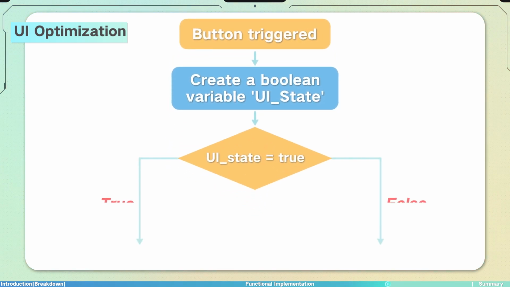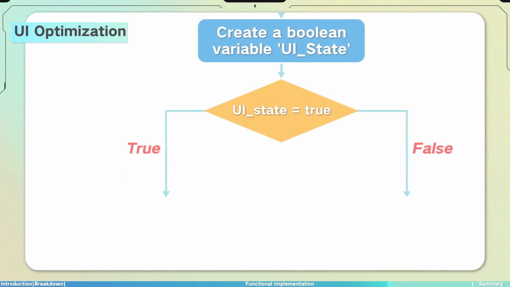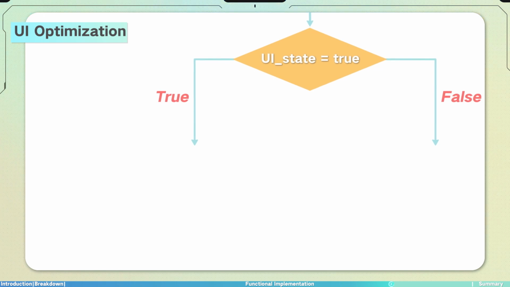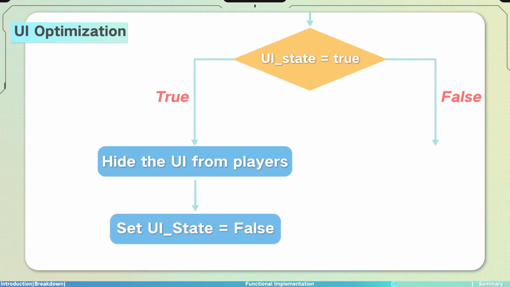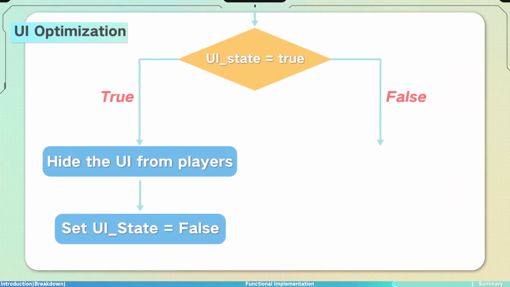Use if statements to determine the status of the quest reminder UI. If UI state equals true, it means the UI is visible. We hide the widget reminder from player and set UI state to be false. If the condition is not met, it means UI state equals false and the UI is hidden.